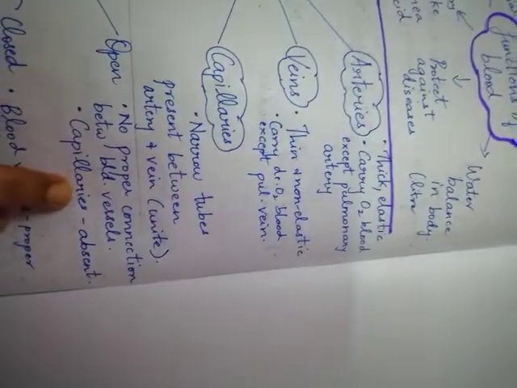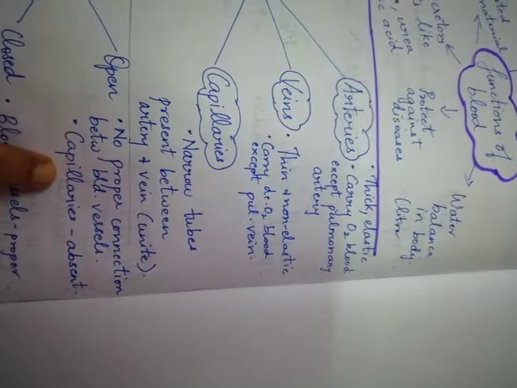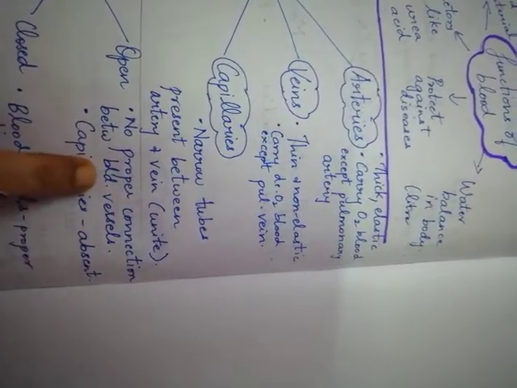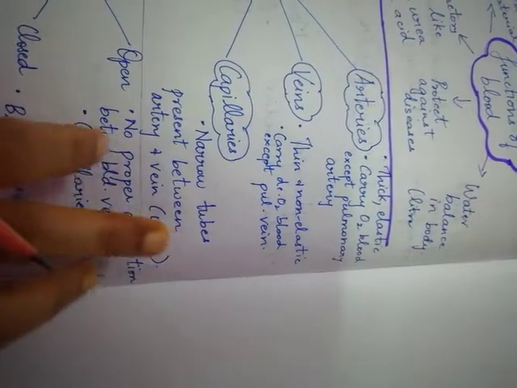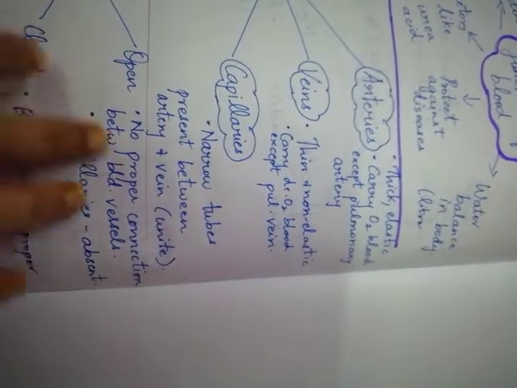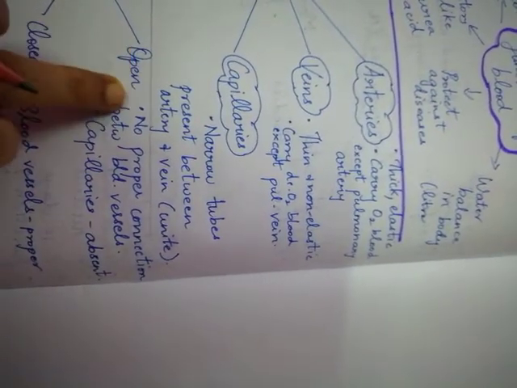So what happens when the heart pumps the blood into the blood vessels? The blood vessels will pour the blood into the body cavities or tissues, just like that. There is no proper connection between the blood vessels. That is the open circulatory system.